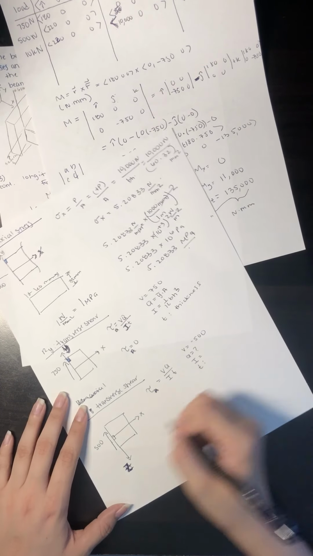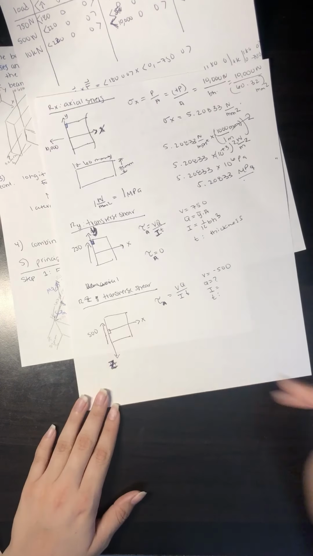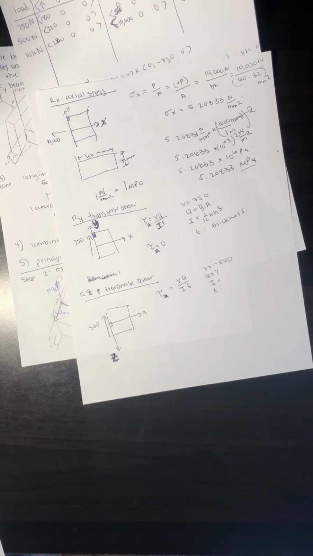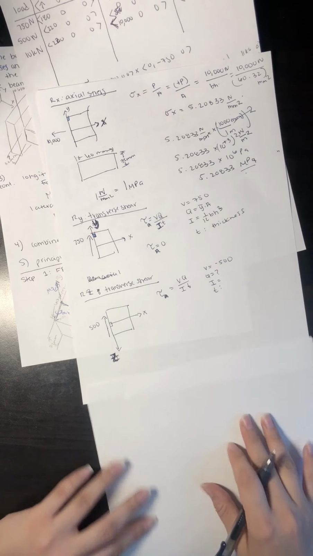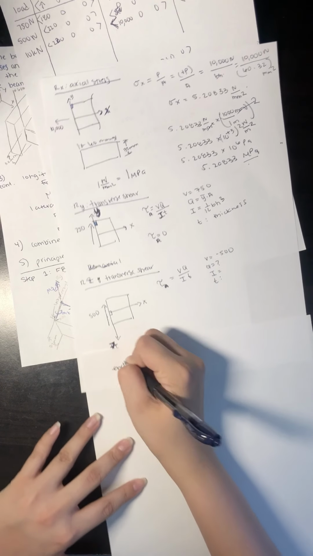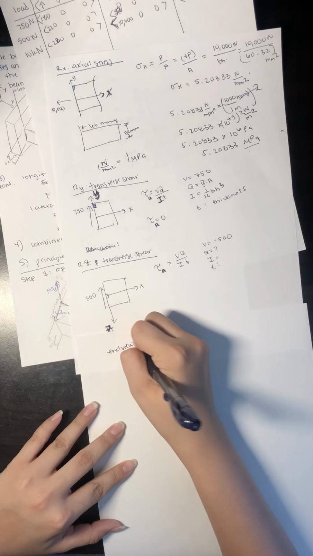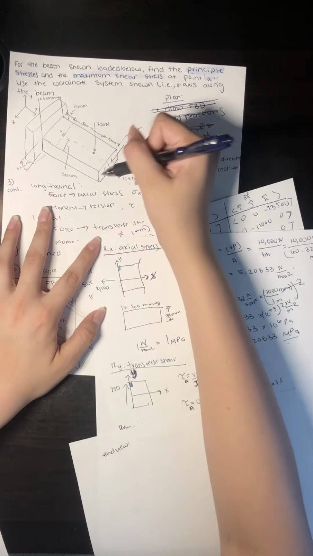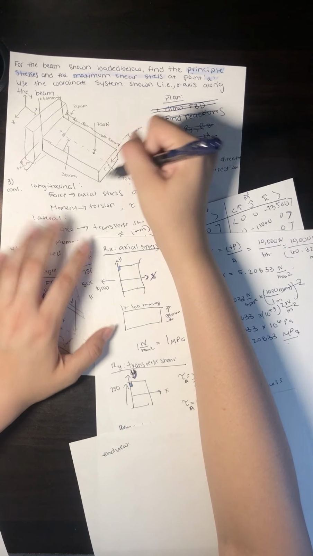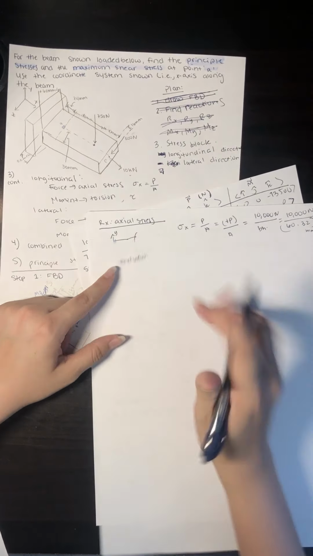Okay, so we have our end view. We'll use another page. Right, end view. Alright, so we're going to be looking at this cross-sectional area. This is our end view.